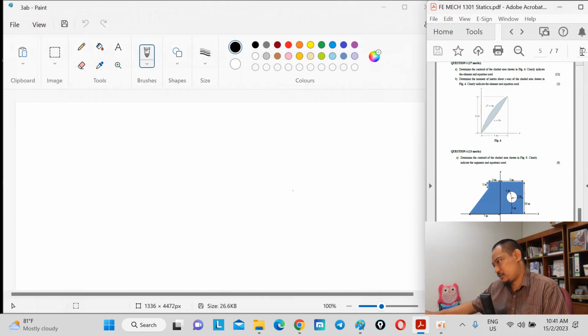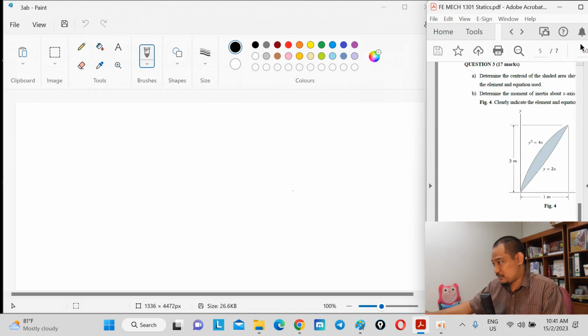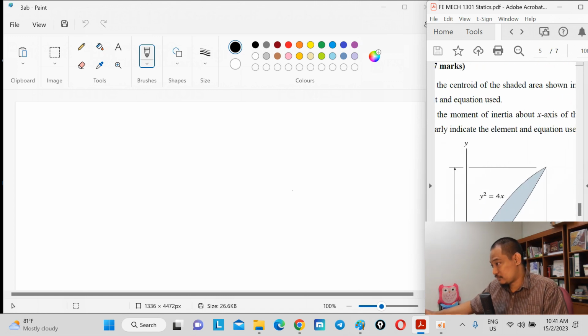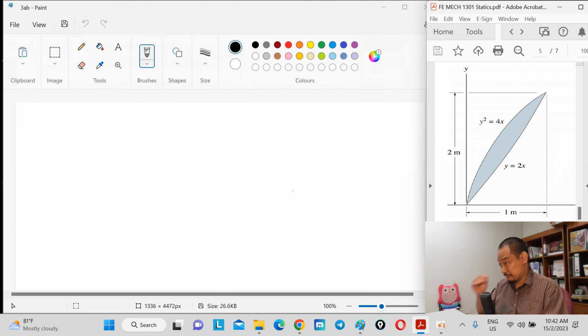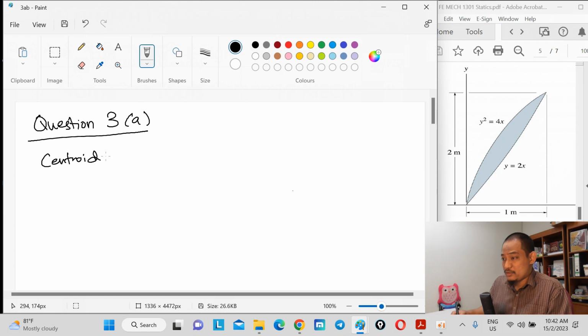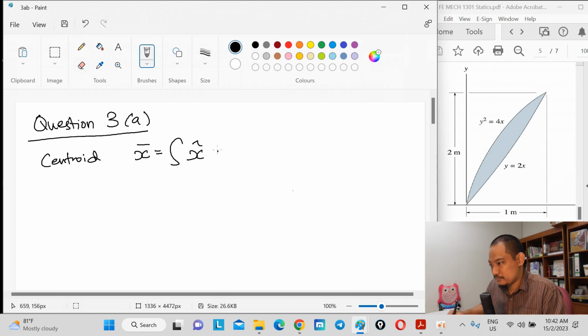So let's make this bigger because we want to see the diagram. Okay, so this is question 3A, the centroid. The equation for integration is, because we need to find the centroid, meaning both x and y, right?